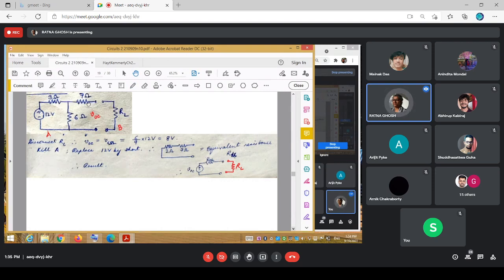This one is open, so no current passes through here. I need to mark out plus and minus; the polarity is important. That would be the same as the voltage drop across these 2 points. And what is the voltage drop across these 2 points? 6 by 9 of 12, so that is 8 volts.